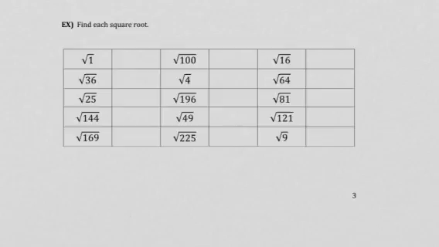Now, the bottom of your paper here is asking you to find each square root. You can take the easy way and refer back to the number line above and fill in the blanks, or you can challenge yourself by covering up that number line and seeing how many you can get without looking at it. So what I would like for you to do is finish this up on your own, pause this video, and complete the table there, so the answers go in the blanks.